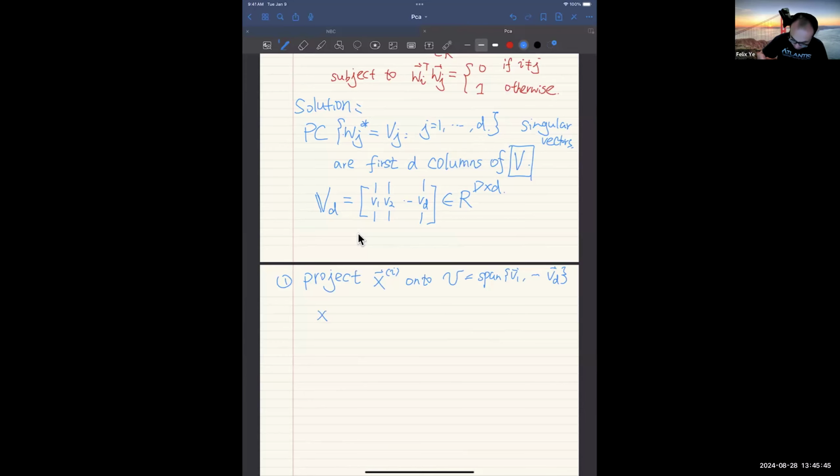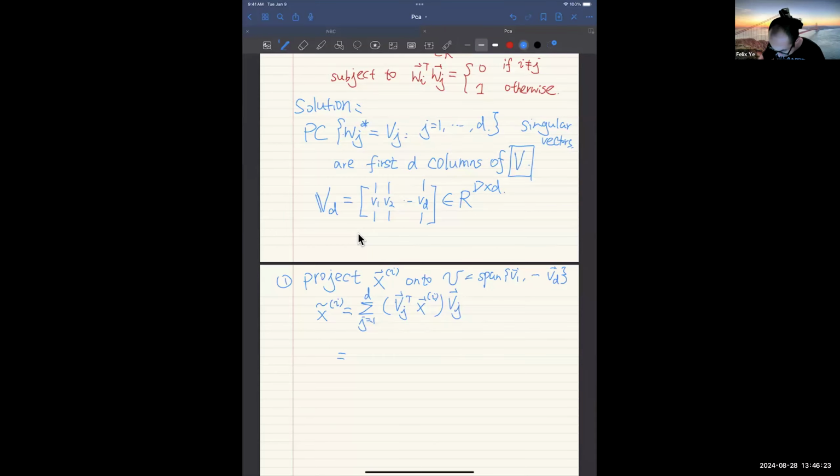Then my X tilde of i is a linear combination of my Vj, where the weight is the inner product of Vj and X of i. So this is Vj transpose X of i, times Vj. Okay, and we can stack them together and vectorize it.